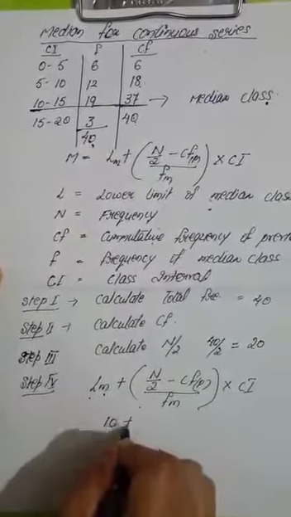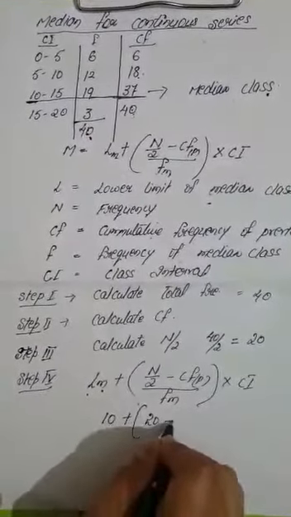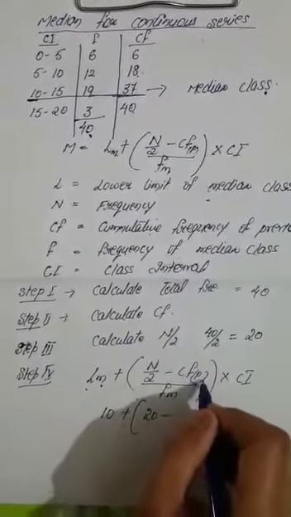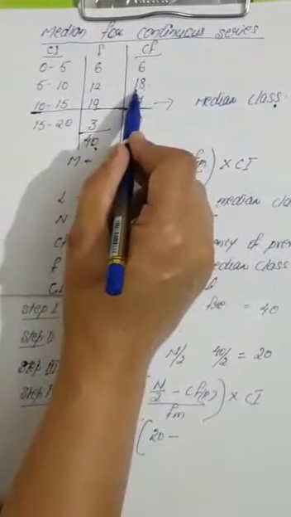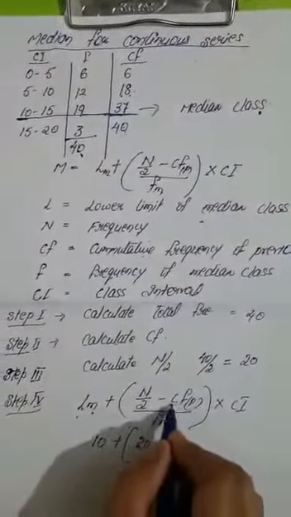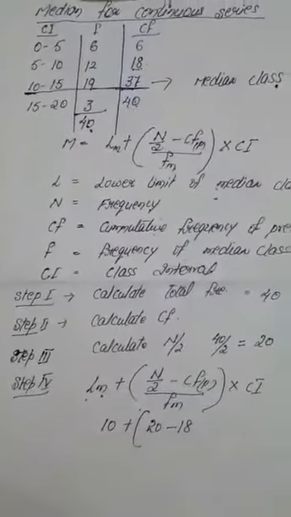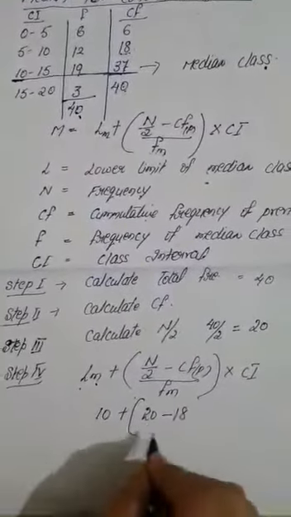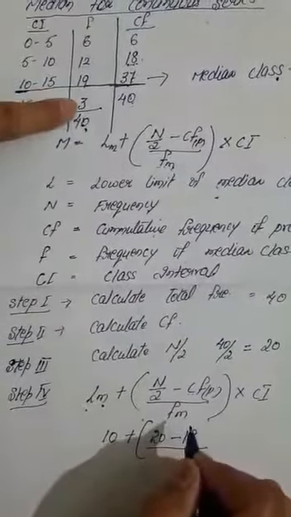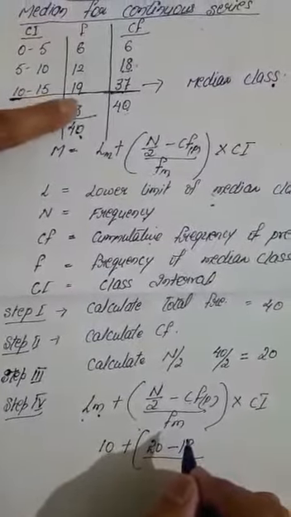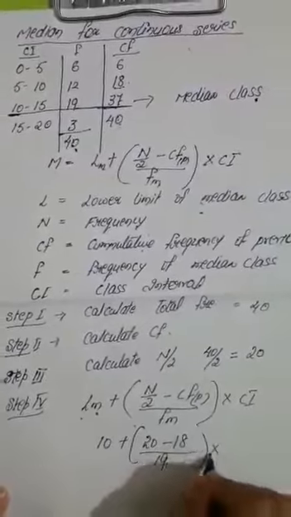N by 2 we already calculated, that is 20. Then the cumulative frequency of the previous class is 18. Then divided by f, the frequency of the median class, from the frequency column, that is 19. Next is the class interval.